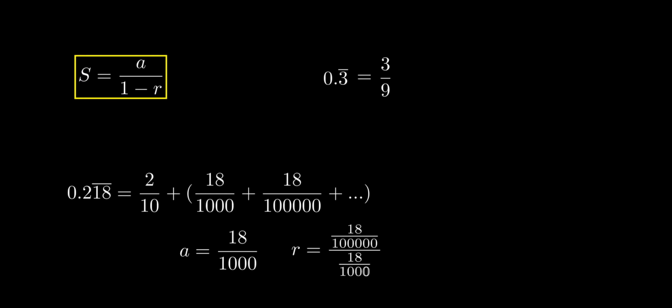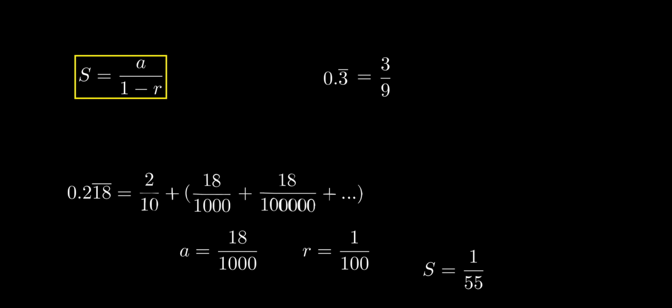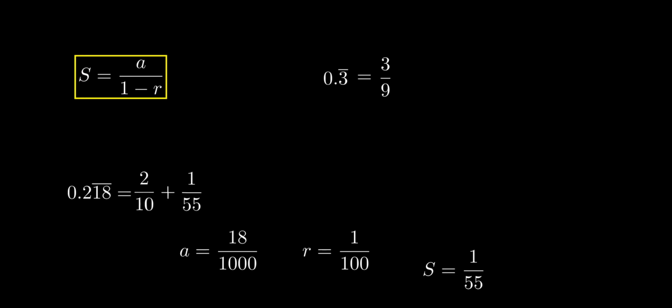So we would have 18 over 1000 divided by 1 minus 1 over 100, which is equal to 18 over 990. We can simplify this to 1 over 55. This is the fraction for 0.018 repeated, but since we are converting 0.218 repeated, we would have to add 0.2, or 2 over 10.